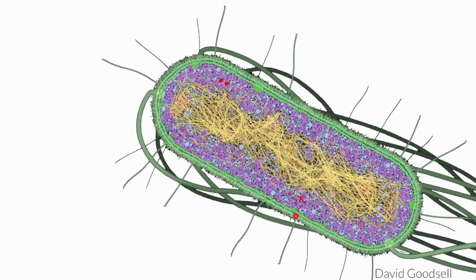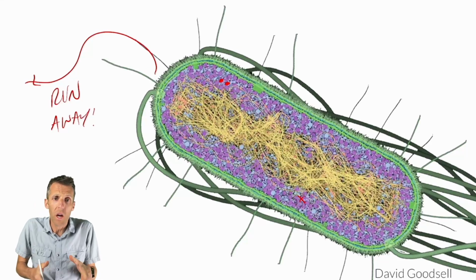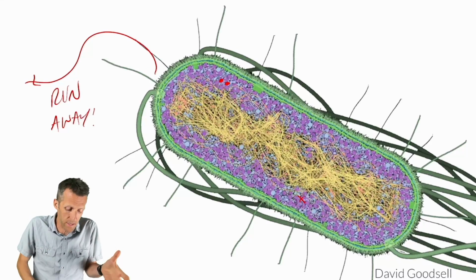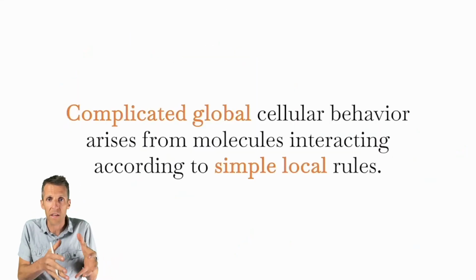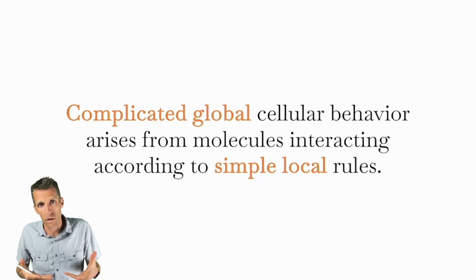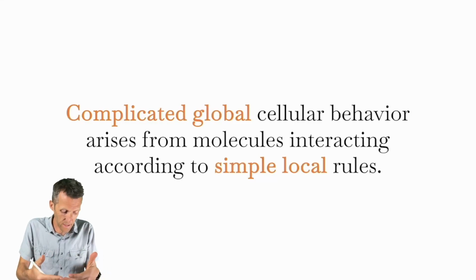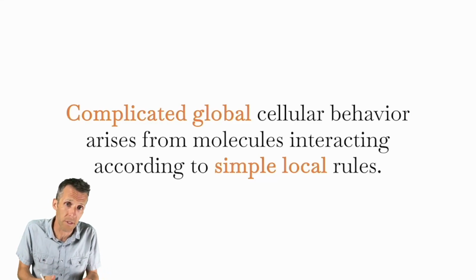But when you integrate over all of these interactions over time, this bacterium does stuff like run away from white blood cells. And so the idea here is, if we put this in sort of cellular terms, that complicated global cellular behavior can arise from molecules interacting according to simple local rules.